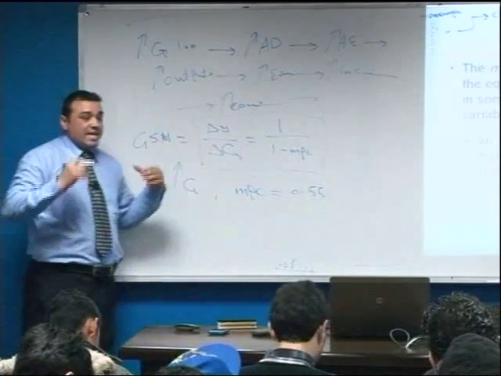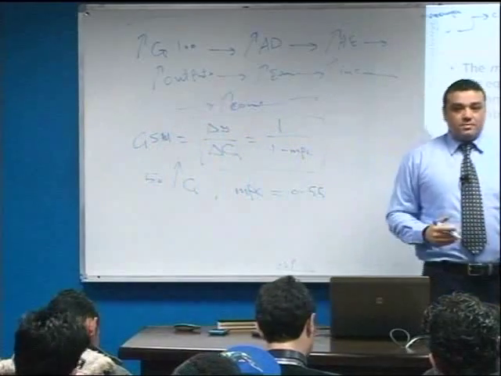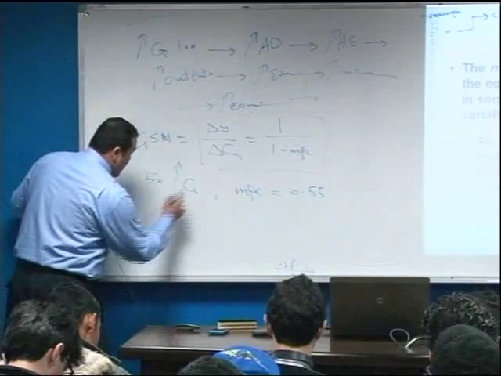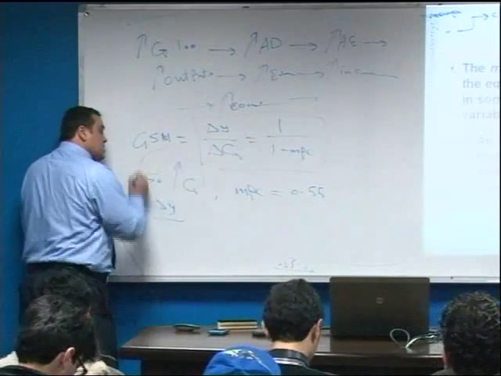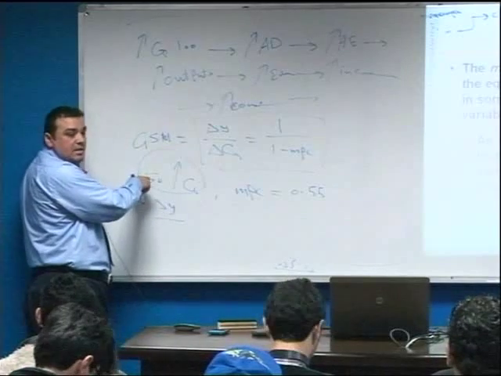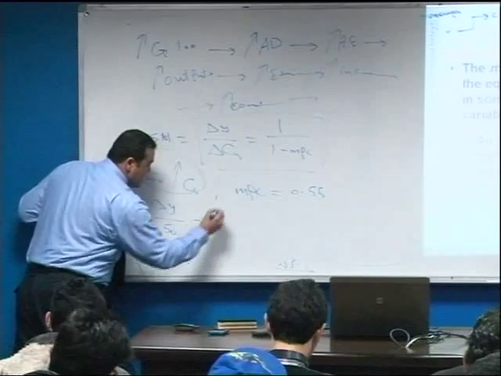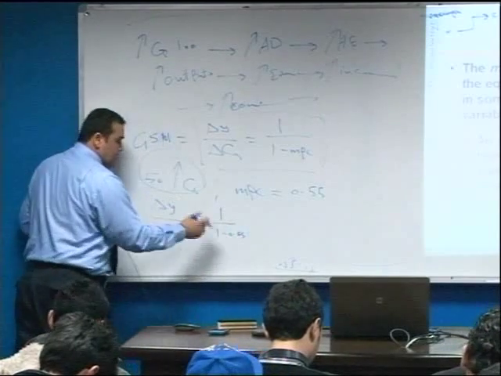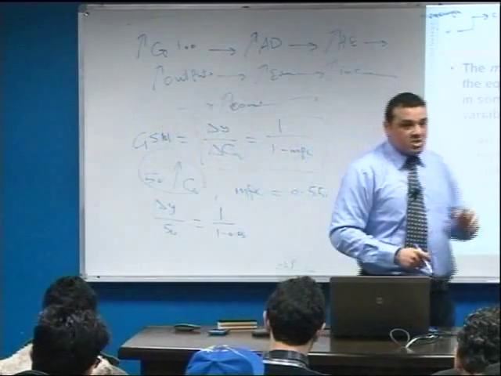The question is, calculate the change in the aggregate output. So we have to use the same formula. Delta Y is unknown over delta G, it's positive, an increase in G, 50, equals 1 over 1 minus 0.55. The same idea, and we have to calculate the change in Y.